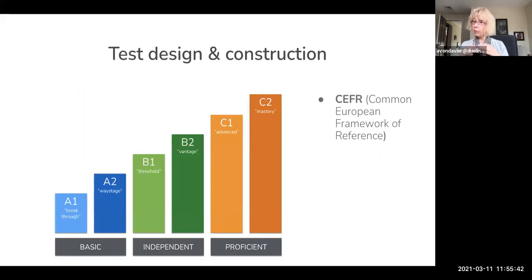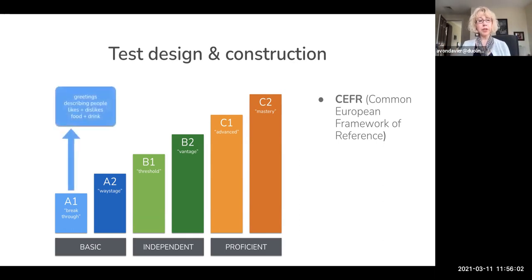So let me go a bit deeper into this because I know many people are interested in how do we actually do this. So here I'm just mentioning the Common European Framework. Some of you might be familiar with it, which goes from a basic ability to speak English to a proficient level C2, which is the mastery level. And what we have here are examples of words, but also texts that match these different levels.